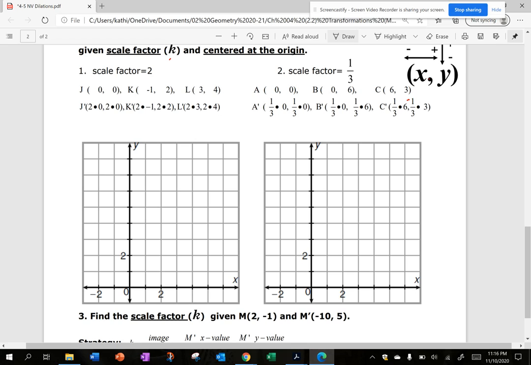Okay, so we are going to plot my pre-image first, which is J (0, 0), K (-1, 2), and L (3, 4). This is my pre-image, my first one.